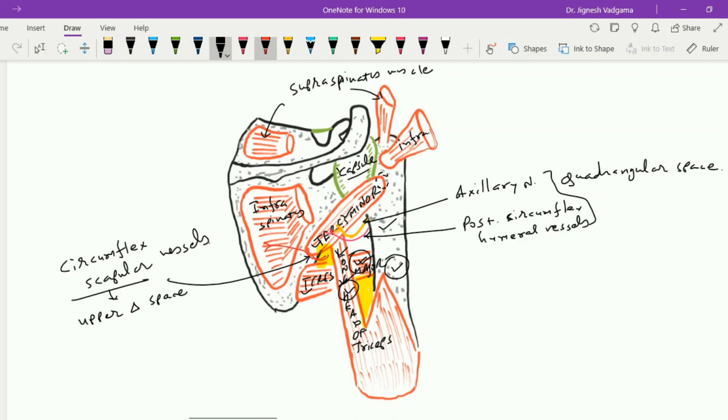And this triangular space carries one very important nerve of the brachial plexus, and that is the radial nerve, which passes somewhere like this and passes under the triceps muscle. And along with it, we also find the profunda brachii artery, which has the same course as the radial nerve, passing through the radial groove.